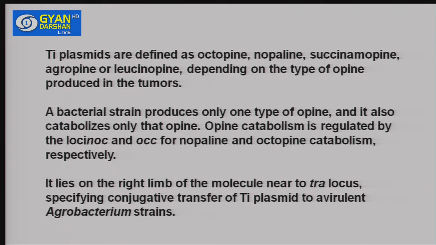So it's very much specific. Opine catabolism is regulated by certain other loci, like OCC, NOC, and so on. That is, catabolic genes. So for the synthesis genes and the catabolic genes, the production and the degradation, there are separate genes.